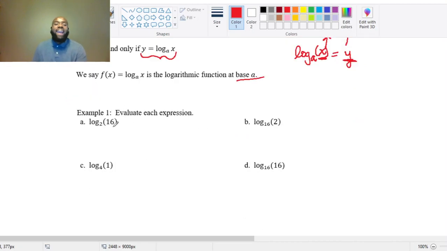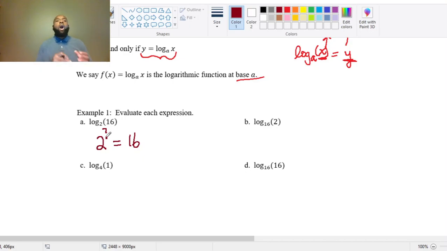For instance, in part A here, we have log at base 2 of 16. We want to find out what that equals, right? So if I want to evaluate this, you can switch into writing this as an exponential expression, and we can say 2 to some power is going to equal 16. Remember, log at base 2, 2 is the thing that we're raising to a power.